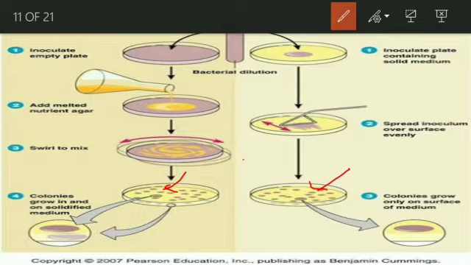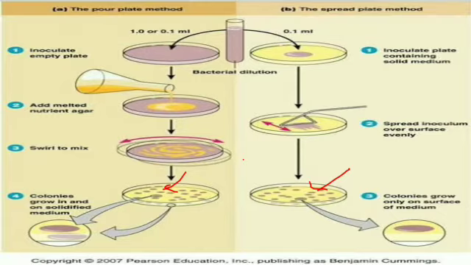So there are two different methodologies by which you can perform your serial dilution. One is the pour plate method, and another one is the spread plate method. Finally you will get bacterial colonies.